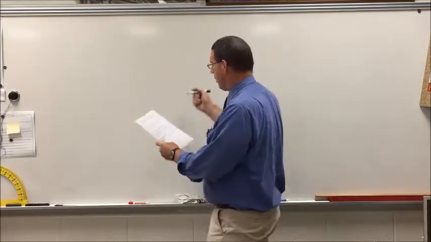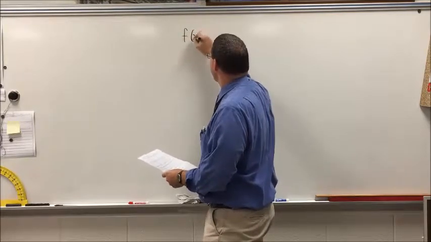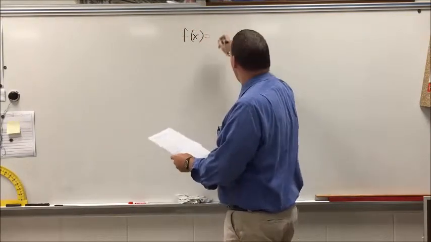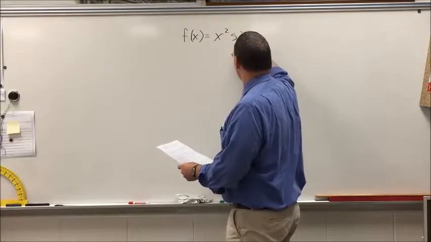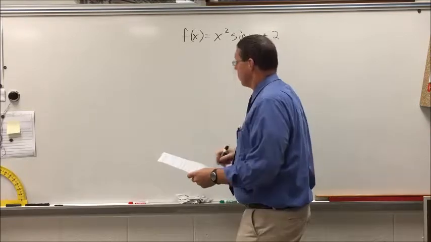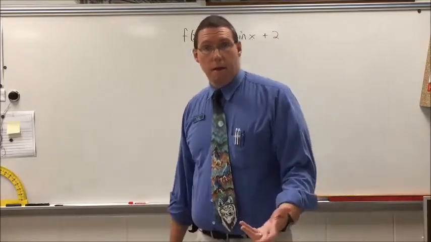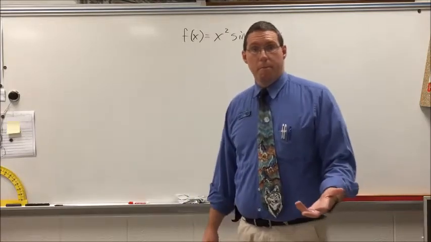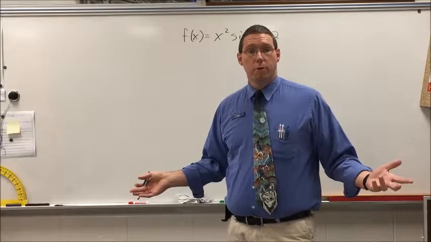And here's what we're going to do. We're going to identify the absolute maximum and the absolute minimum of the function f of x equals x squared times sine of x plus 2. Okay? And the procedure for identifying the absolute maximum and the absolute minimum is generally the same no matter what you're doing.